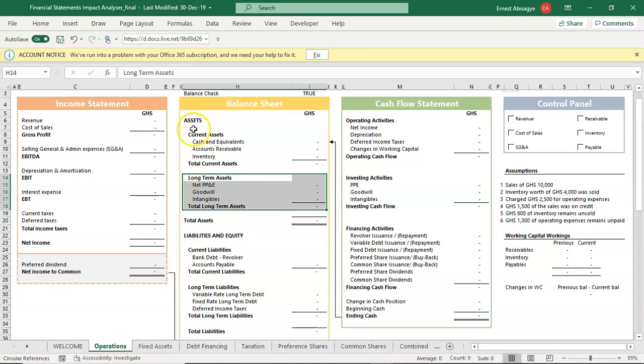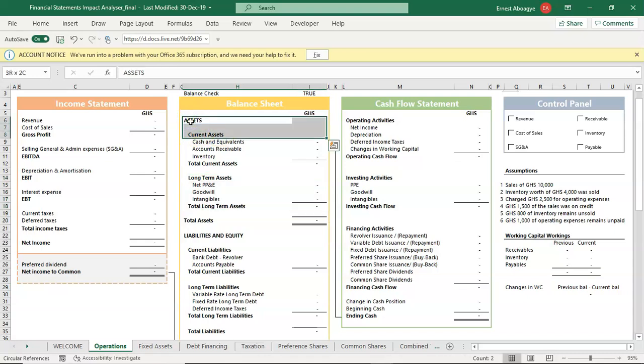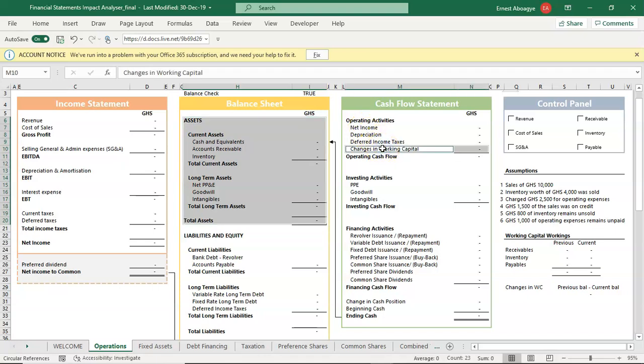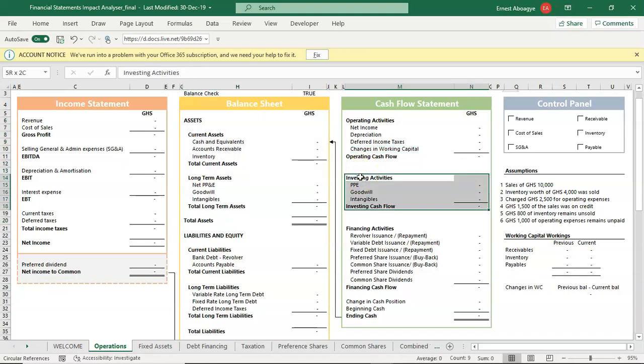So technically, all the asset section of the balance sheet has been taken care of, either by the working capital, which is taking care of the current asset, current liabilities, or the investment activities, which is taking care of the long-term asset movement of the balance sheet.